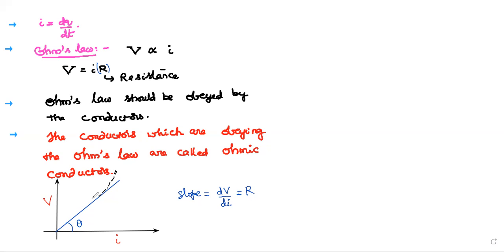Initially, they sustain at least to certain voltages, obeying Ohm's law, looking like a straight line passing through origin. It means V is directly proportional to I. Such types of conductors are called ohmic conductors. These are ohmic, what we have taken here.